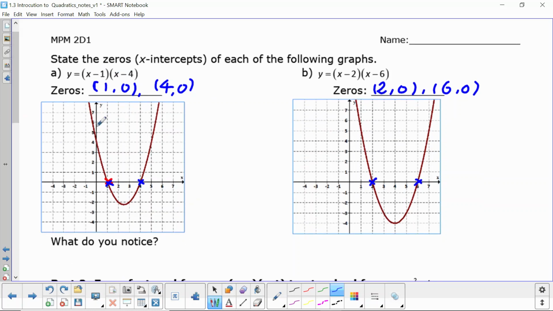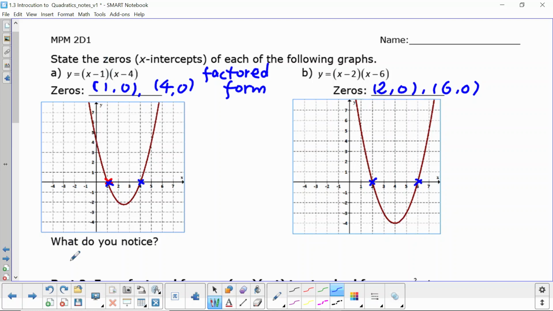What did you notice? You will see the zeros are the numbers opposite to the number inside the bracket. So in future, if you have this form, we call it factored form, then you are able to read the zeros from the factored form directly. The zeros are just the number inside the bracket, but opposite.